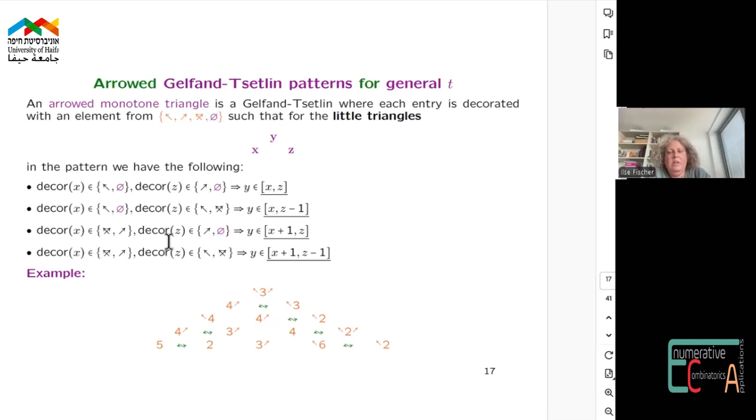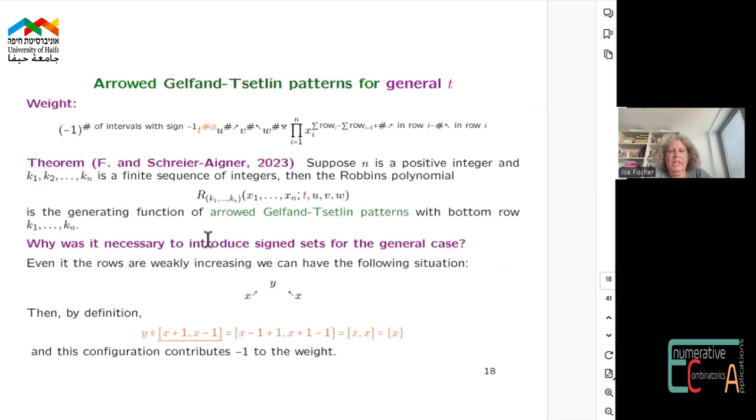And then you can extend the definition that I've shown you before of arrowed monotone triangles. And if you do it that way, then you get the full theorem, which gives you a combinatorial model underlying these symmetric Robbins polynomials also for general t.